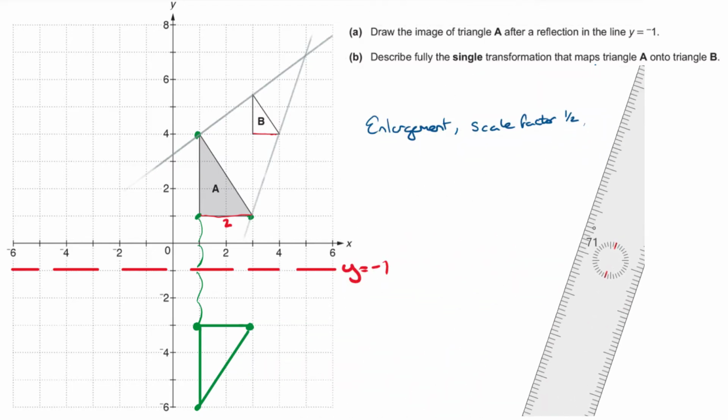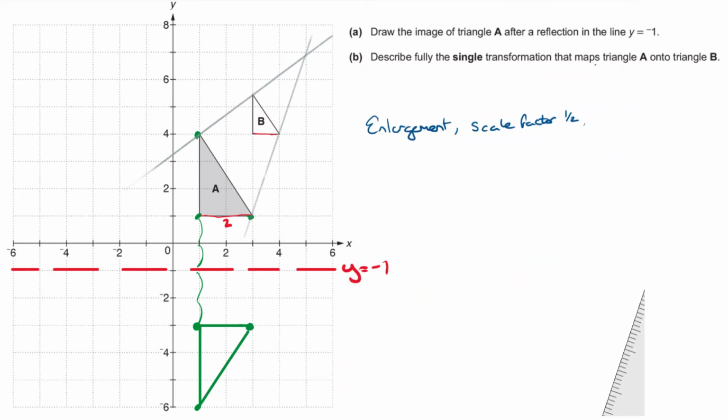And you should find that they converge on a particular point, which I think is this one here, isn't it? So that's the coordinate 5, 7. And that's going to be my center of enlargement. Center 5, 7. That's all we need to say. So enlargement, scale factor, half, center, 5, 7.